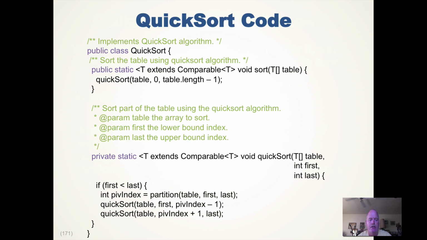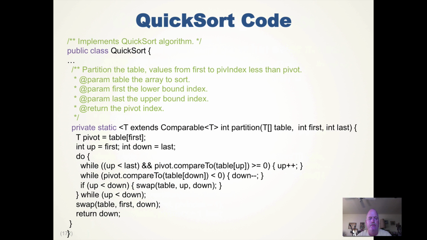Again, if first is less than last, we still have values that we need to do our sorting on. We partition the array from first to last, returning the pivot index of where the pivot is, and then we quick sort the left side, quick sort the right side, and we will have sorted the array.